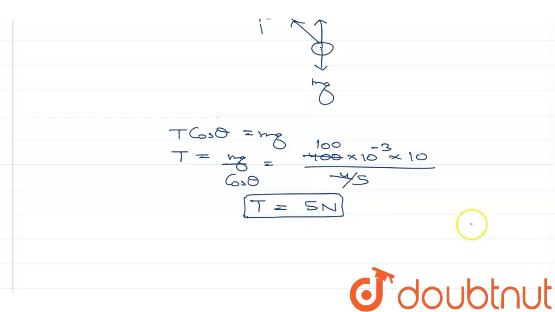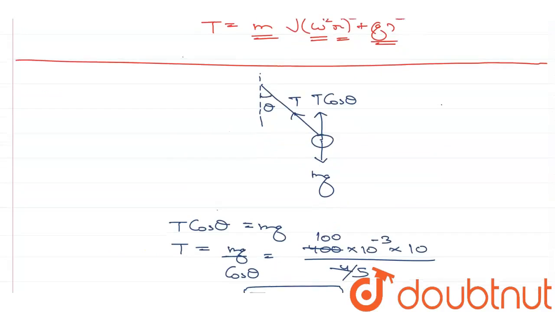Now, if tension in the string is 5 Newton, then the forces acting on this bob along the horizontal are m omega square r and T sin theta.